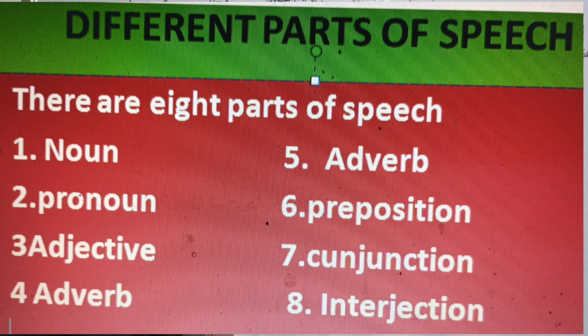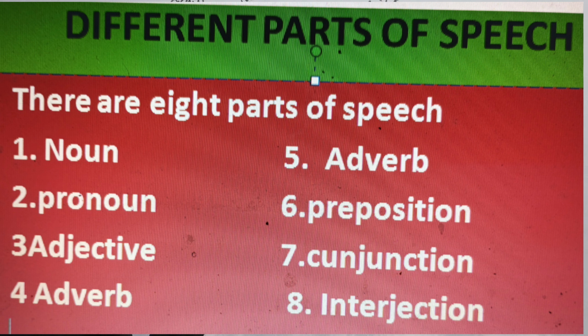First comes noun. Number second, that is pronoun, and number third, that is adjective. Number fourth, that is verb, and number fifth, that is adverb.